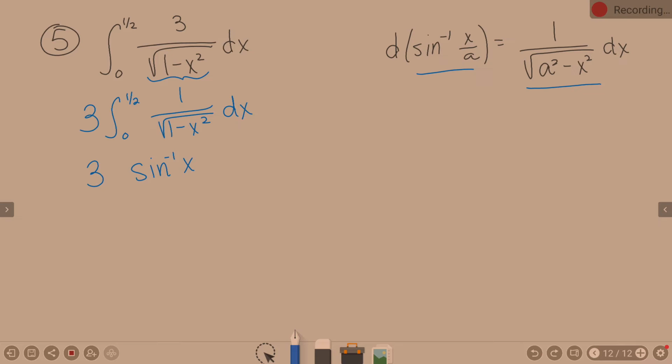Remember this represents a squared, but that's just 1 squared. So nothing fancy, just recognizing that a is 1. If this was, say, 4 minus x squared, then we'd have to have x over 2 here. We'd have to get fancier. So this is 3 sine inverse of x evaluated from 0 to 1/2.